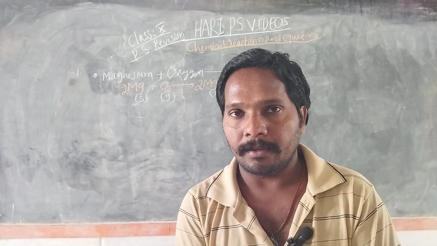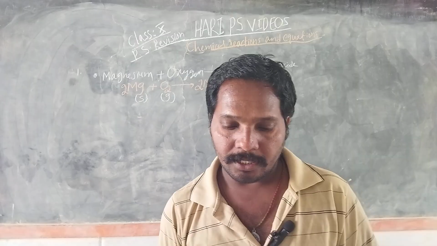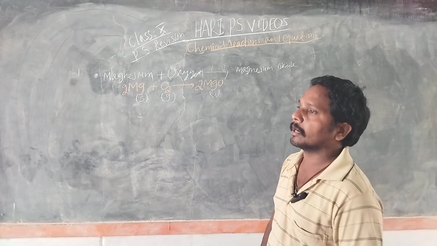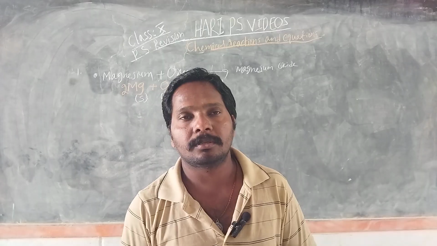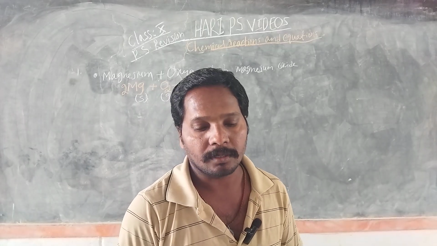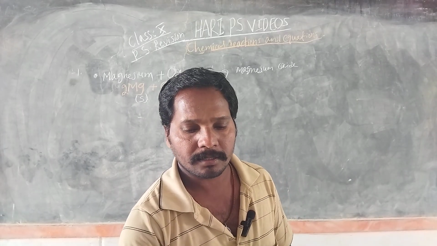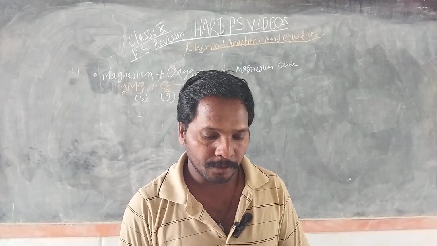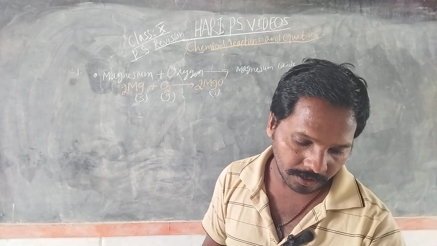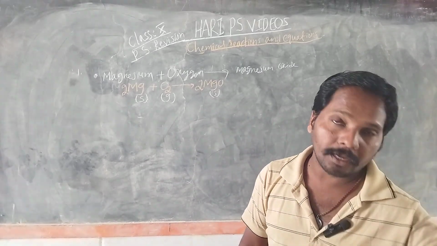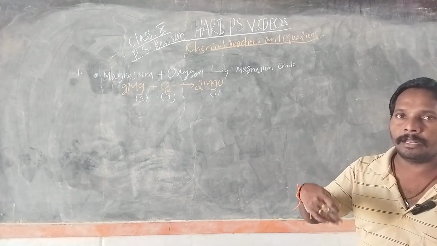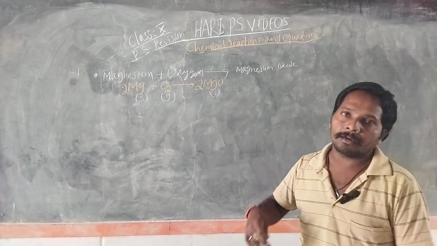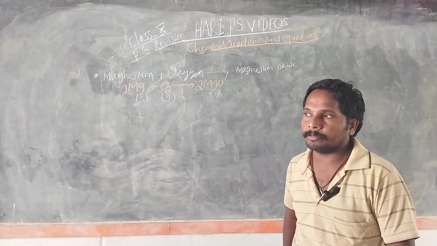Then the second one. Suggest one method to prevent corrosion. How do we reduce or prevent corrosion? We have different methods for reducing corrosion. What are they? By applying paint, oil on iron objects or metallic objects.